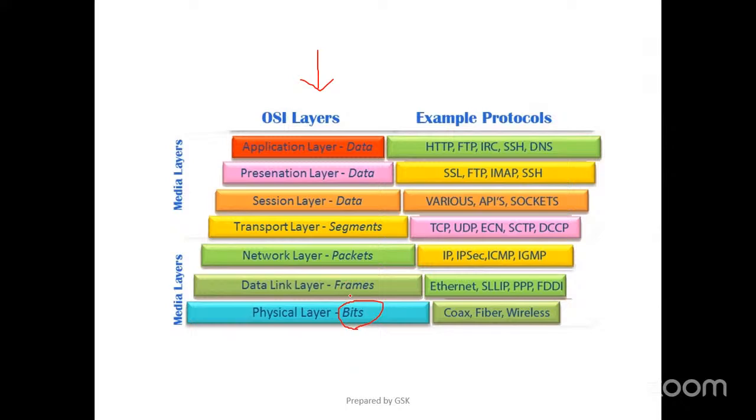In the data link layer, the data is maintained in the form of frames. At the network layer, the data is represented with the help of packets. You must remember these words. At the transport layer, the data is maintained in the form of segments. And for the session layer, presentation layer, and application layer, there is no particular term; we use the word data itself.